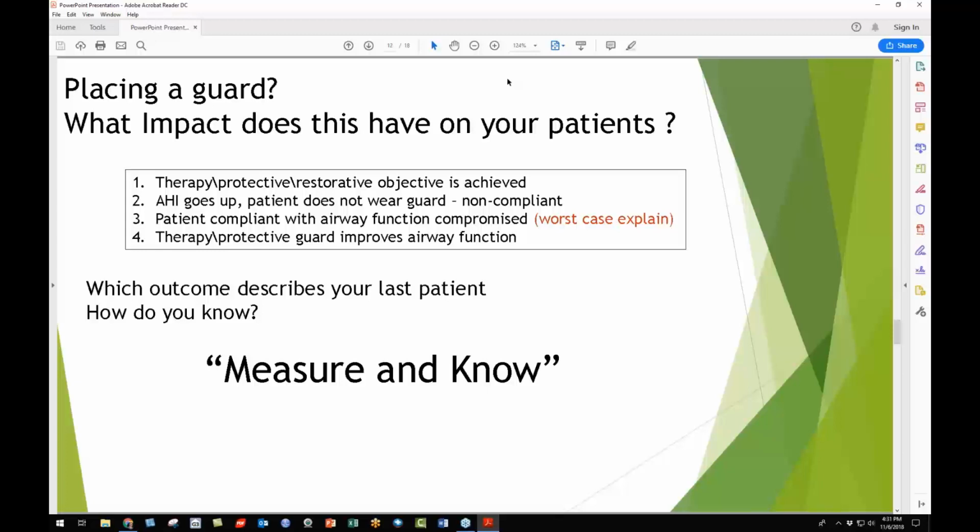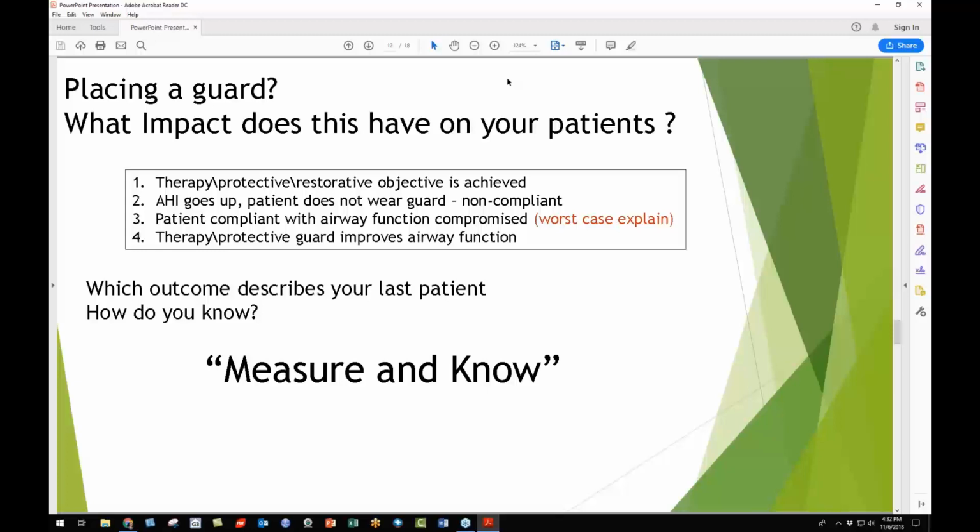A lot of times these patients aren't compliant with the guard, and I think there's a group of patients that everyone on this call has had, where your patient just won't wear the guard. You say, oh, it's uncomfortable, and we've heard all the reasons. And one of the reasons, I believe, is that the patient isn't compliant because they don't breathe as well with the guard in.